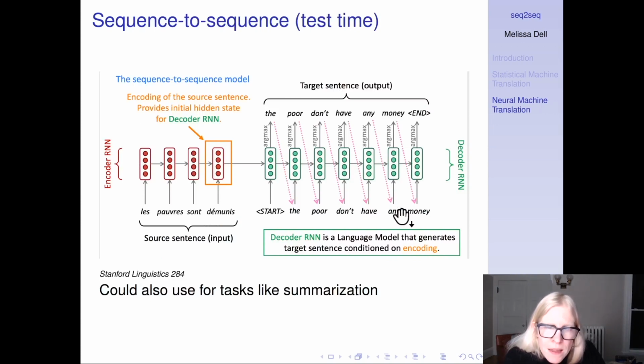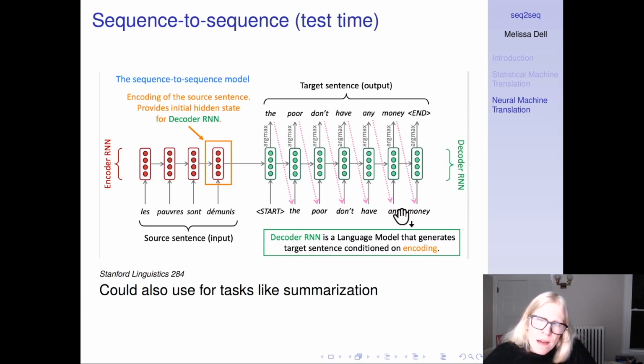You put in the first word that you want to translate, and you get your hidden state, and you multiply it by your weight matrix, and you pass in your next input, and you add and squish, and you do that so on and so forth. And in reality, this could be an LSTM, it could be a transformer, you could be using different models on either side of this.